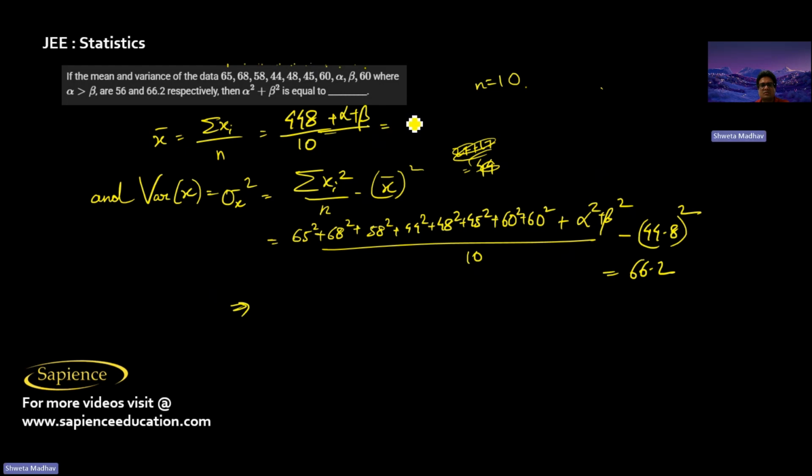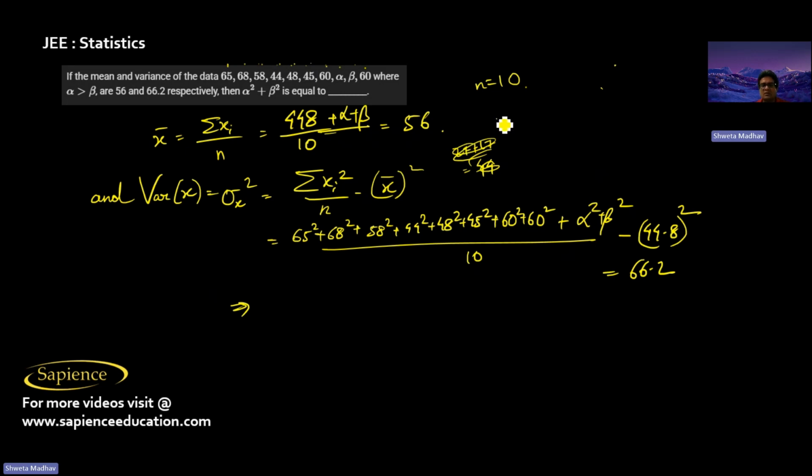This is equal to 56. 65 plus 68 plus 58 plus 44 plus 48 plus 45 plus, that is 148.